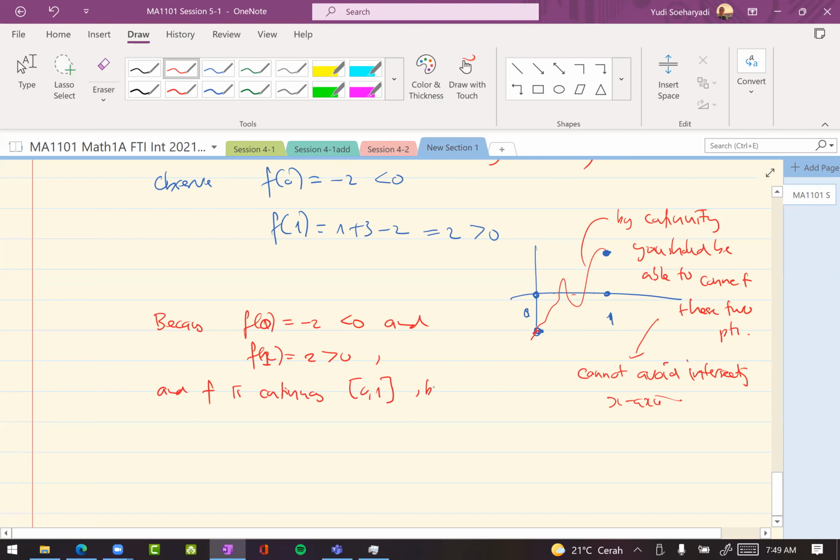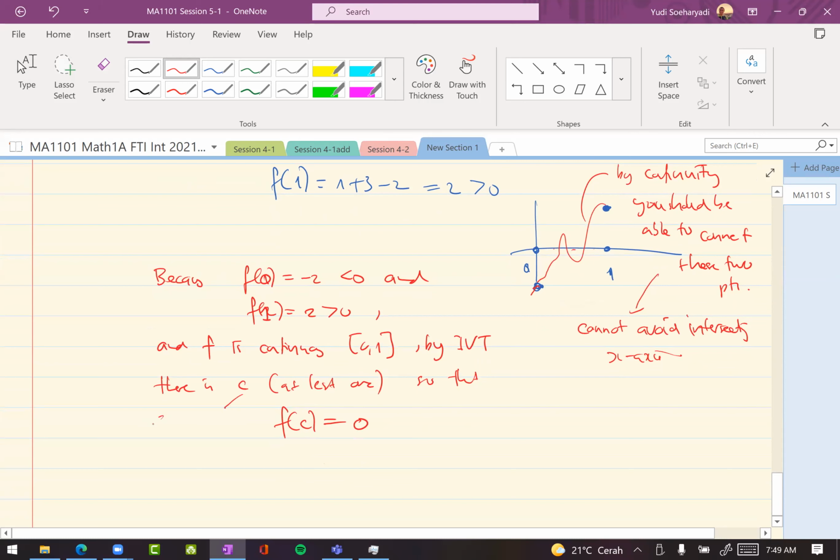Then by IVT, there is a c, at least one, so that f(c) equals 0. And where the c is between 0 and 1. So this shows you the root of f.